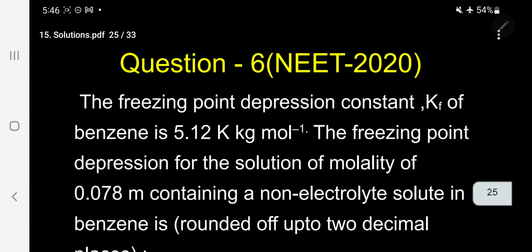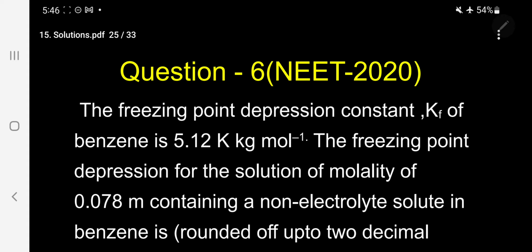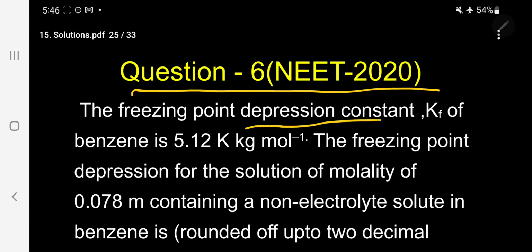Question number 6. This question was asked in the year 2020. The freezing point depression constant Kf of benzene is given as 5.12 Kelvin kilogram per mole; in the case of water it is 1.86.